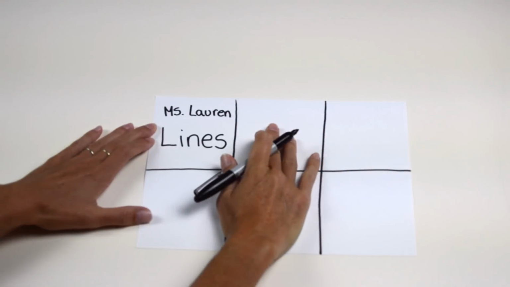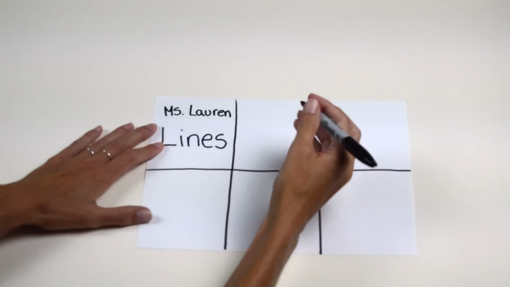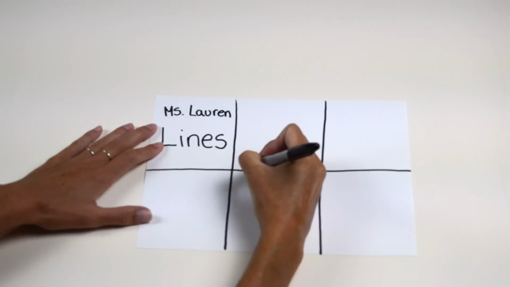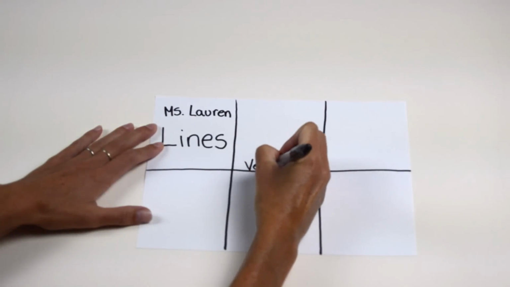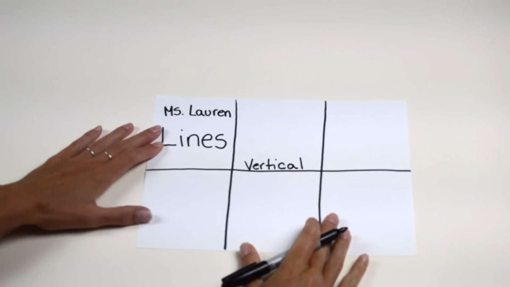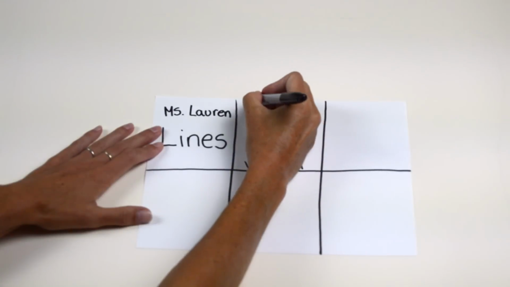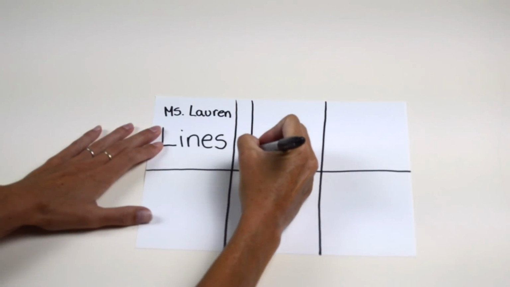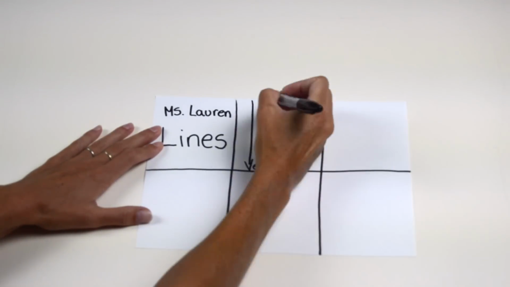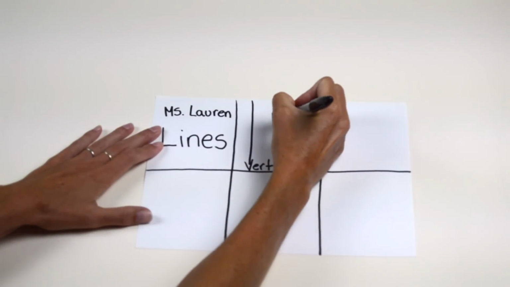Now the first line we're going to practice in the box right next to where your name is a vertical line. A vertical line is a line that goes up and down, and they can be long, short, dotted or broken.